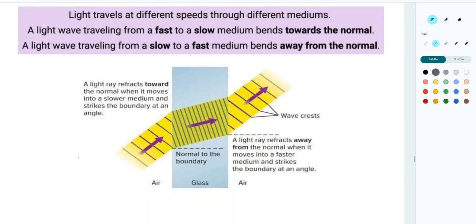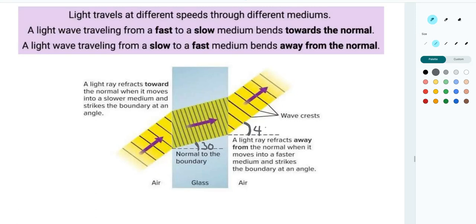So again, as light is going from a fast medium to a slow medium, it bends towards the normal. So this is our angle right here. And then when it moves from a slow medium to a fast medium, it bends away from the normal. So we can see if this angle is 30 degrees, maybe this angle here is 45 degrees.